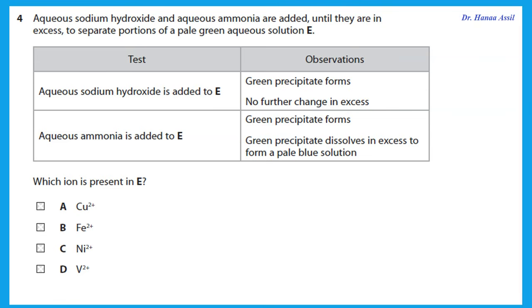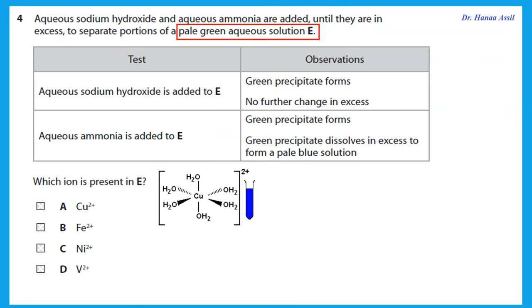Now, if we look at the options that we have, first of all, the copper 2+ is blue, and they're saying it's a pale green solution that I'm starting with. So the copper ions originally are blue. They don't form green precipitate with sodium hydroxide or with ammonia. So it is not copper 2+. What about iron?